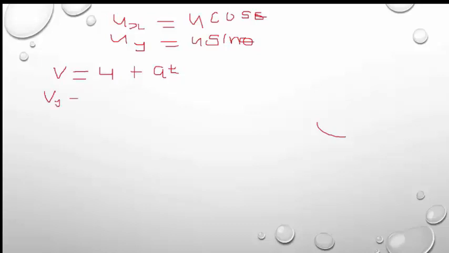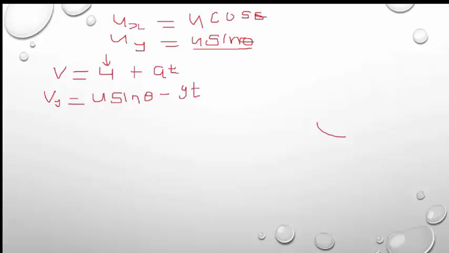So vy will be equal to, this is my initial velocity, which will come to this list because I'm doing it for uy now. So it will now be u sin theta, because the initial condition has stated that acceleration on the vertical axis is g, and it is minus, so we have minus gt.